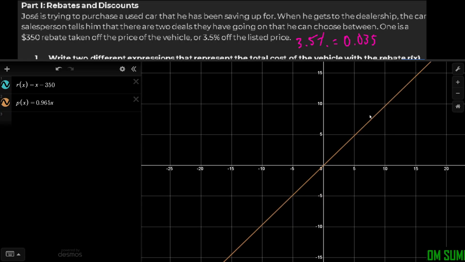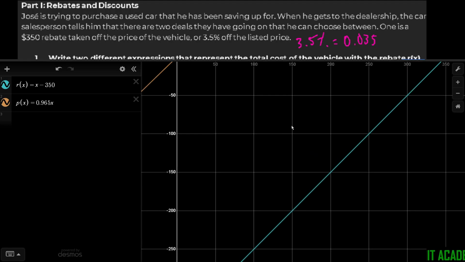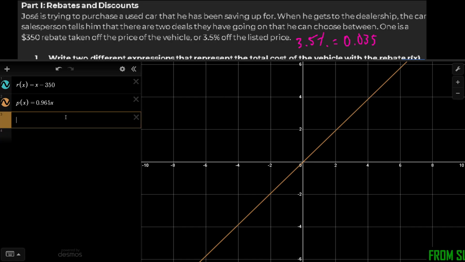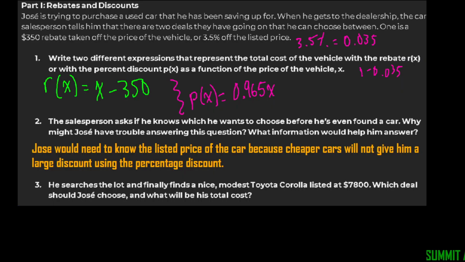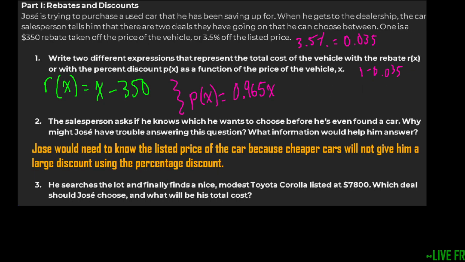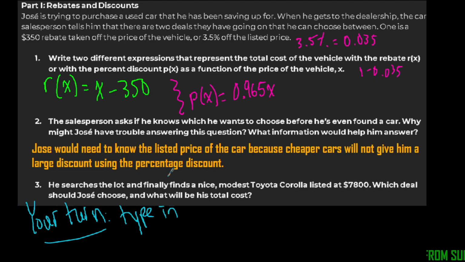So again, we need to find where those are at. You should be able to find your two different prices. But for right now, we're manually looking at this left side. So your turn. Type in two functions.